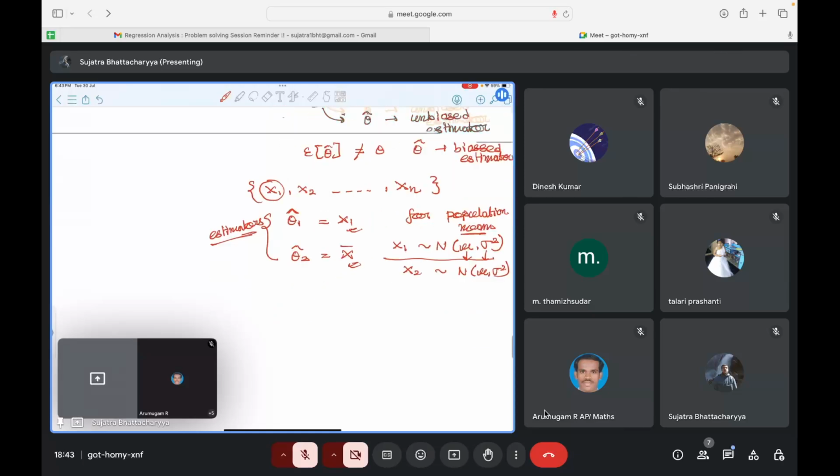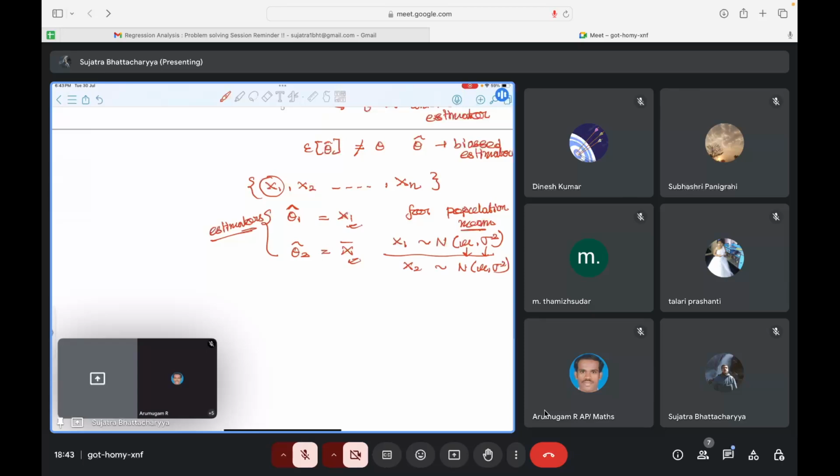Now, if you look at the expectation value of theta 1 cap, which I have chosen as one of my estimators, it comes out to be mu, because E of x1 is nothing but mu. So it is an unbiased estimator. Similarly, E of theta 2 cap is nothing but E of x bar.